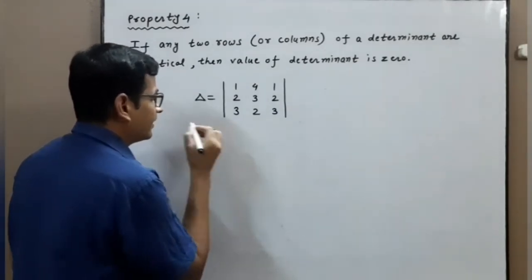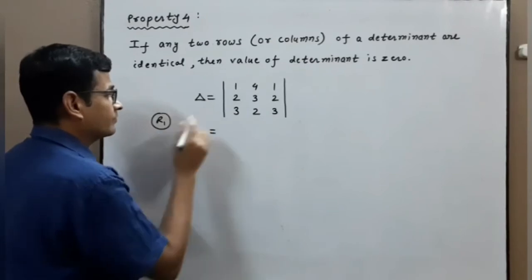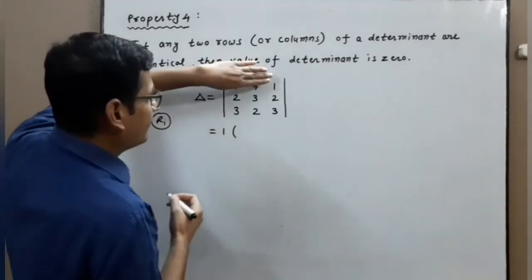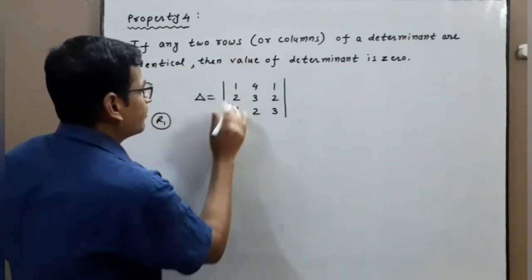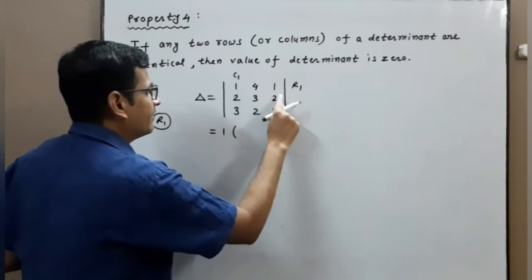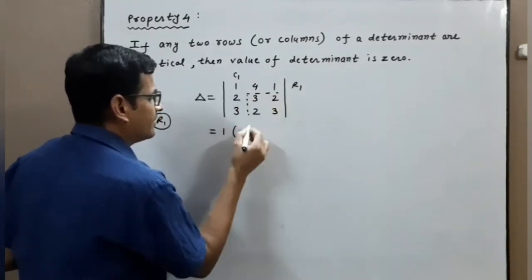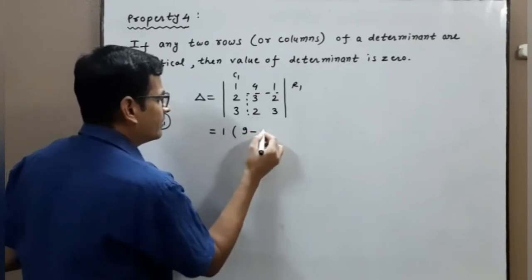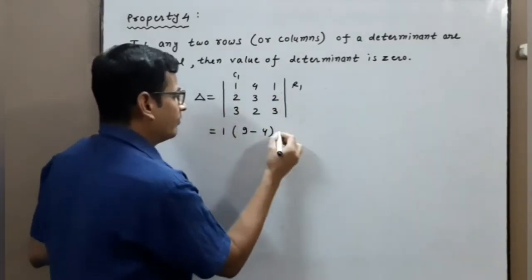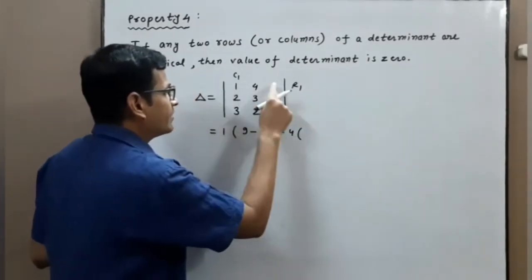Now cross check. Expanding along R1. 1 into determinant obtained by eliminating first row and first column. So only simplify this. 3 3s are 9, minus 2 2s are 4. Now minus sign, then write 4. This time eliminating first row and second column.